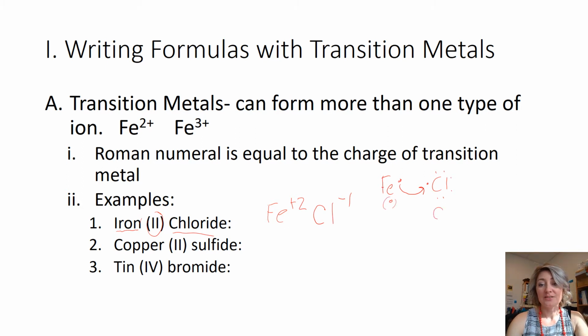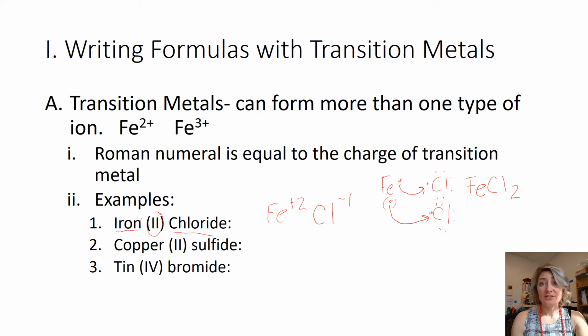So we're going to need to add a second chlorine so that we can transfer that second electron over. So our formula is essentially going to say that I have 1 iron for every 2 chlorines. The ratio is 1 iron to 2 chlorines, and that takes care of transferring those 2 electrons from iron to the chlorine, which only has the ability to take on 1 more valence electron.